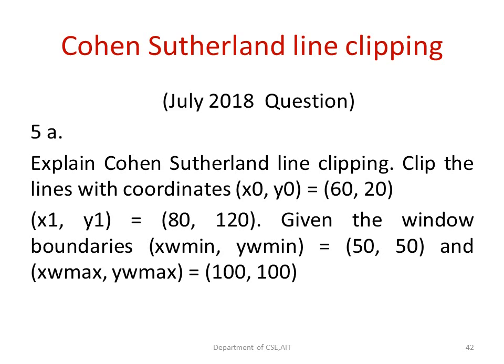We are given the window boundaries, that is 50, 50 and 100, 100. By using these values, that is xw minimum, yw minimum, and xw maximum, yw maximum, we can identify how this line will look when applied on a window.